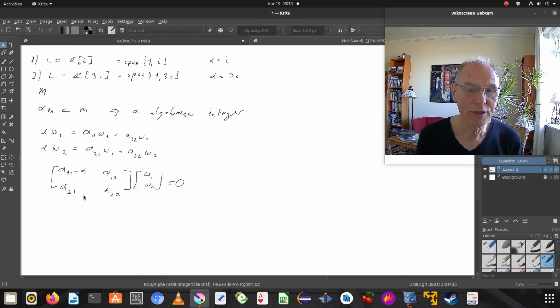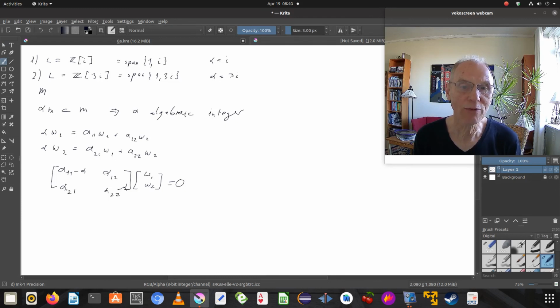That means the determinant of this matrix, now with minus alpha here, vanishes, and that gives us a second order equation for alpha, with coefficients that are all integers.